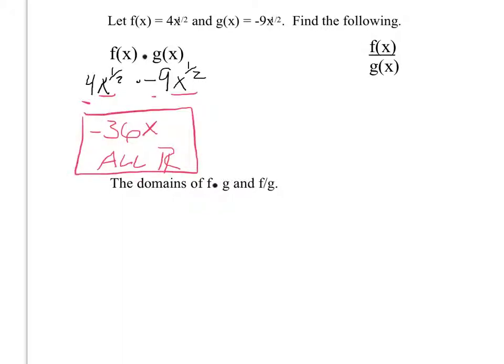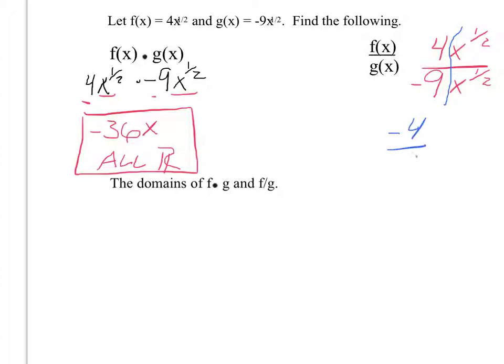So there's our answer. The next one, f of x divided by g of x. So we substitute in 4x to the 1/2 divided by negative 9x to the 1/2. So now we're dividing, and we can break that up so we're working two individual small problems. 4 over negative 9, that's just going to stay as negative 4/9.